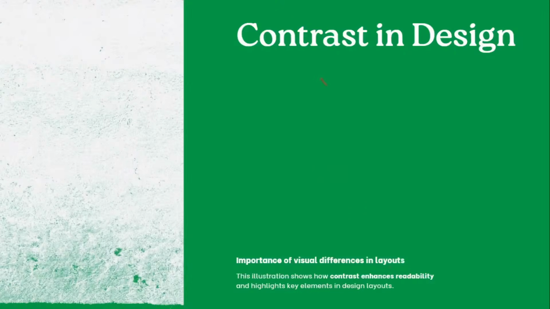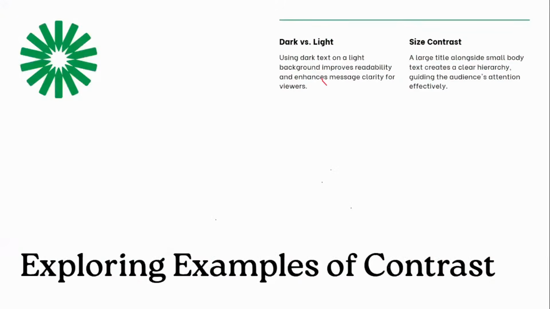So we have the contrast of color, we have the contrast of size, we have the contrast of texture, we have the contrast of image. Okay, I already mentioned texture too. So a perfect example of contrast is a light color compared to a dark color, or using a dark text on a light background.